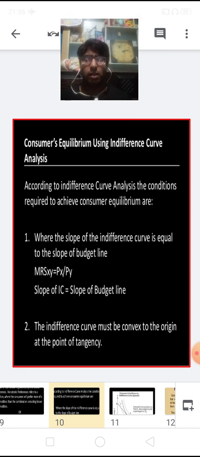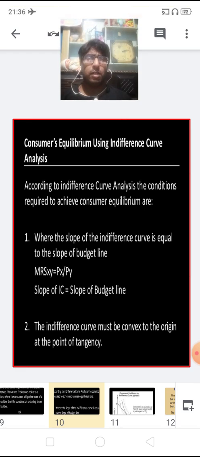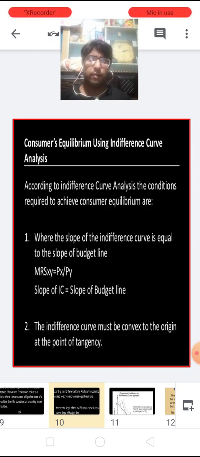So children, in the indifference curve and budget line approach, a consumer will be at equilibrium when the budget line is tangent, I mean touches, the highest indifference curve.